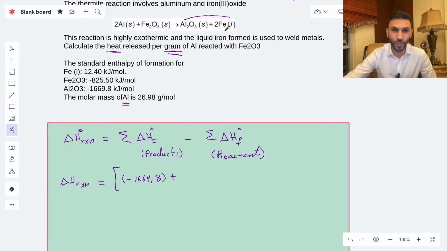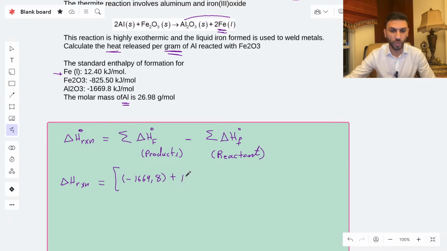Some of the students will ask, okay, Fe is a pure element. Why is the delta H formation for Fe not 0? Well, because it's not at its standard state. We all know that iron at standard condition is solid, but here it's liquid. That's why delta Hf is not 0, which equals 12.40 kilojoule per mole.